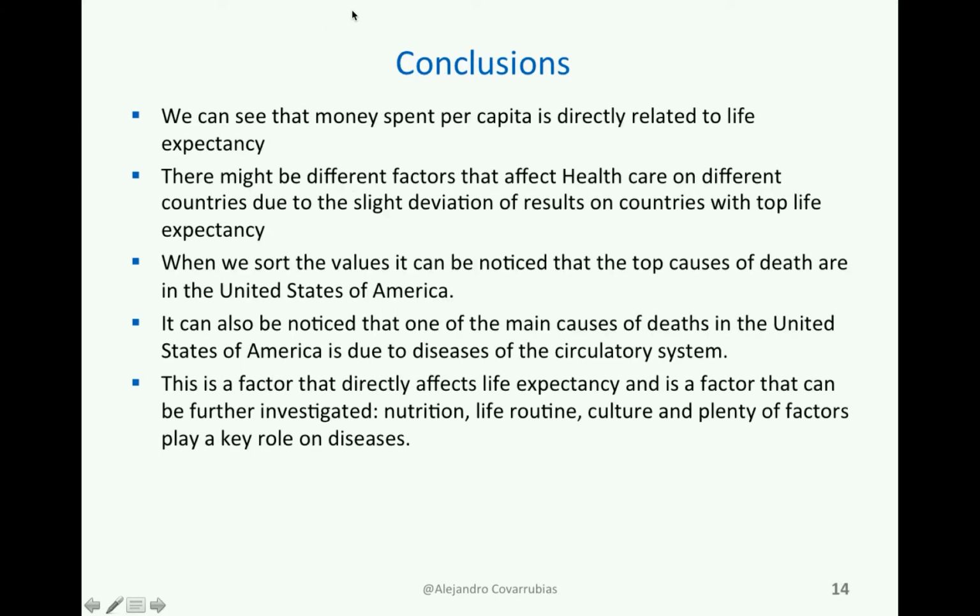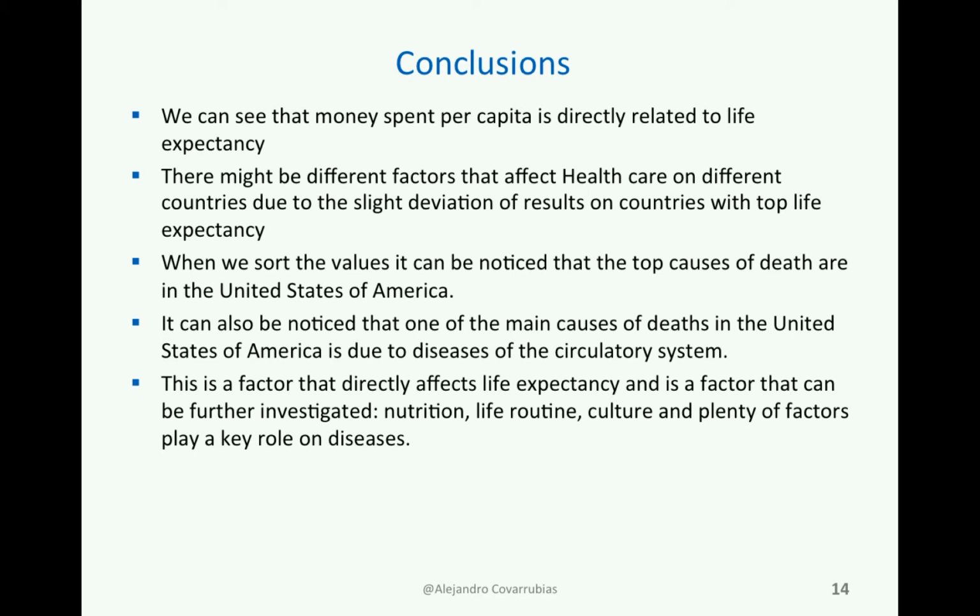And for our conclusions, we can see that the money that is spent per capita is related to life expectancy in each country, but there are also other factors that affect healthcare in different countries, due to the slight deviation of results on countries with high life expectancy.